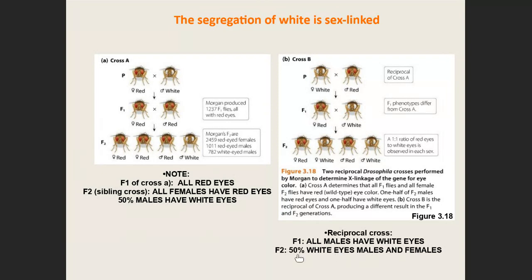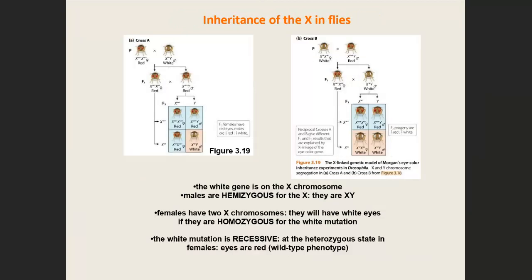But again, in the F1 of cross B and the F2 of cross A, there is a strong imbalance in the fact that the males recover the phenotype, and therefore it's an indication of sex linkage.